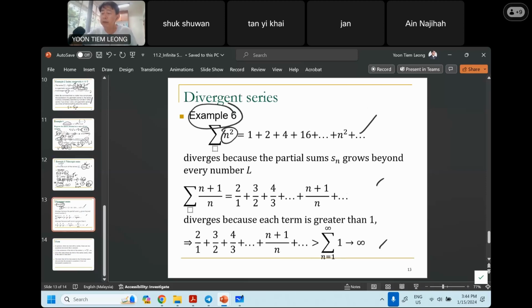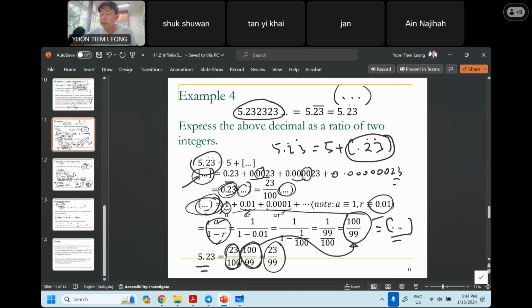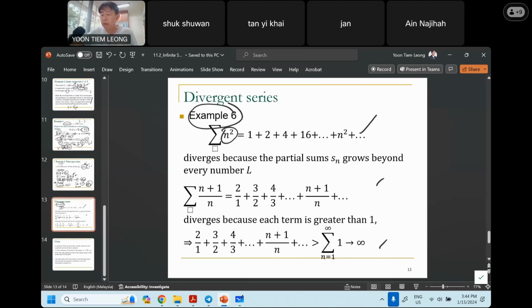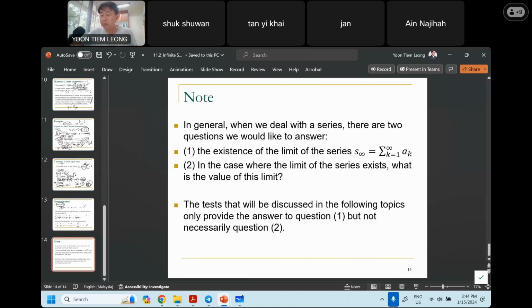The simplest case to tell is a geometric series. It's always very easy to tell whether a geometric series converges or not. But for some other general series, it may not be so obvious, like in the case of the telescopic series. For a divergent series, it is quite obvious, because the sum will just go to infinity when the terms get larger and larger.